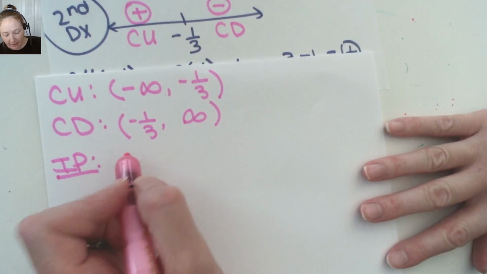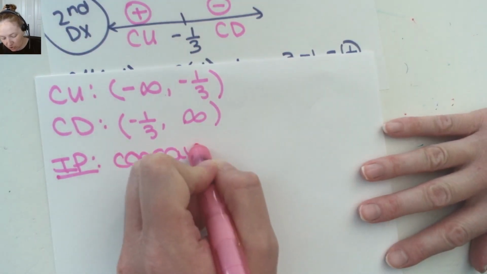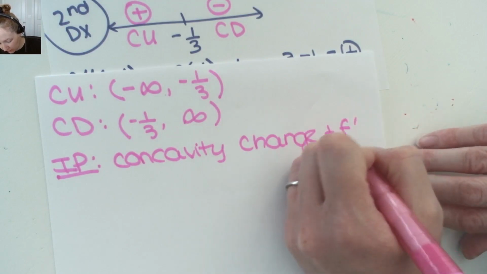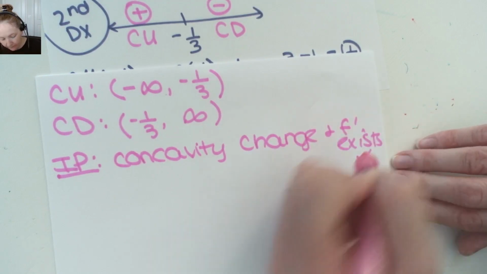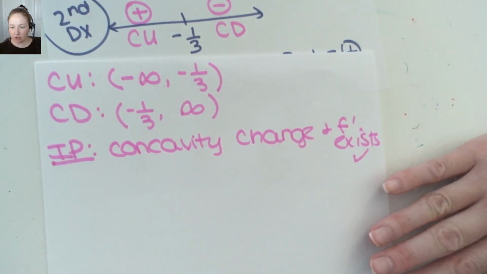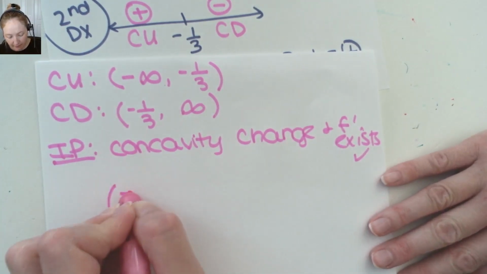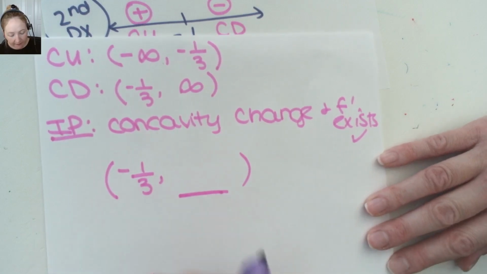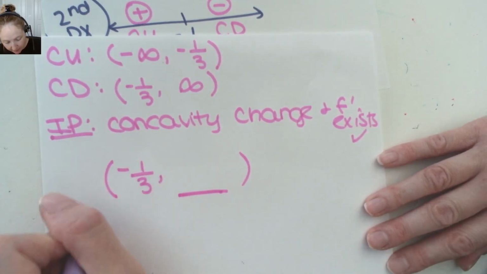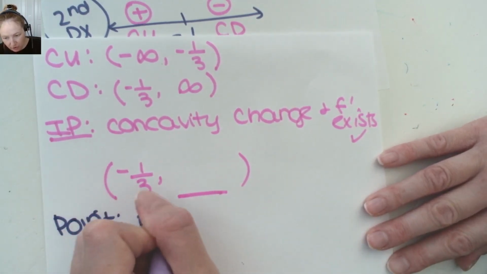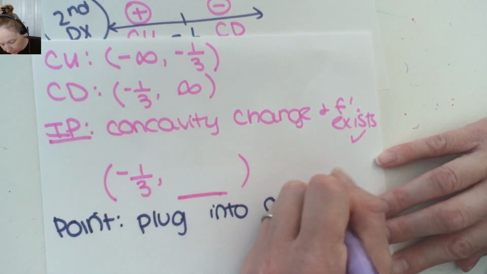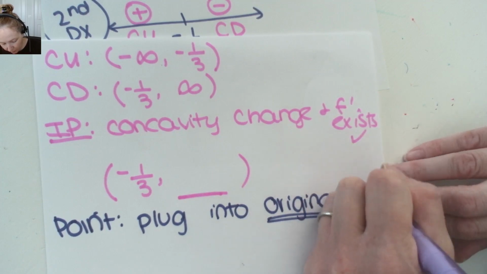So because we have that concavity change and the first derivative exists, we are going to have an inflection point. Our inflection point is going to happen at negative 1/3. And then to find that y value, because this is a point, we are going to plug into the original function to find the point.